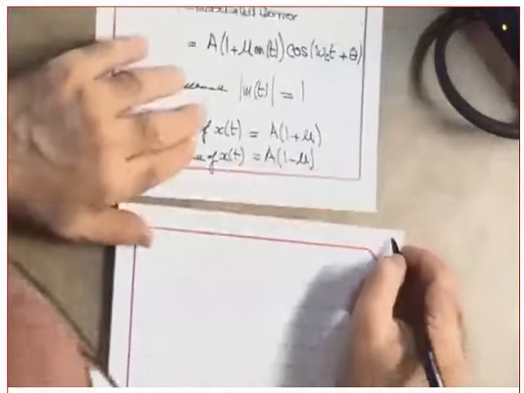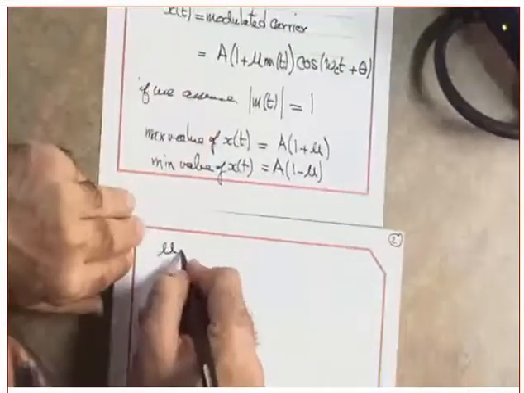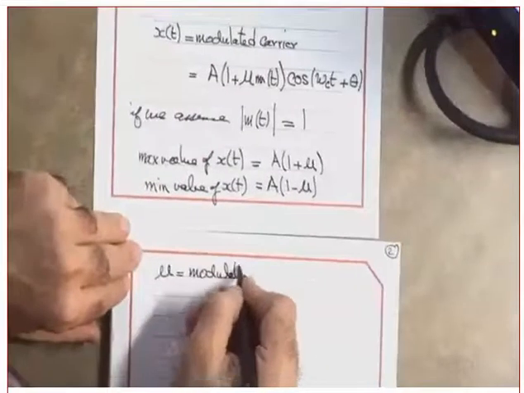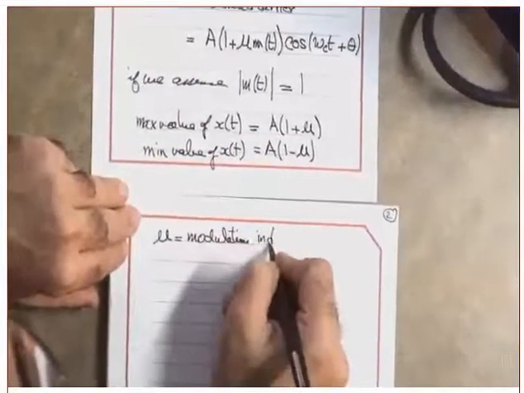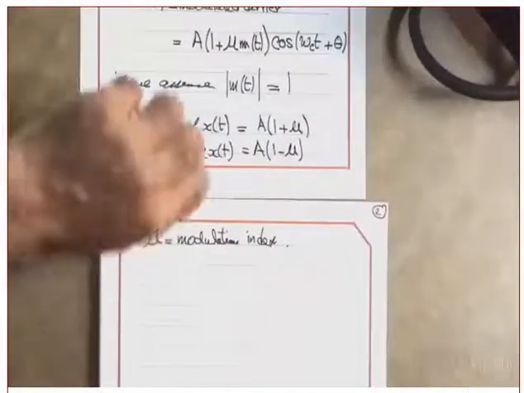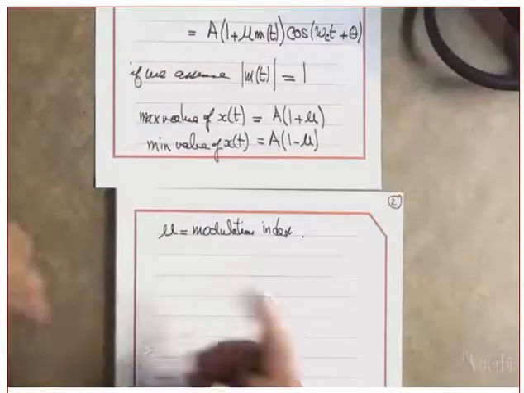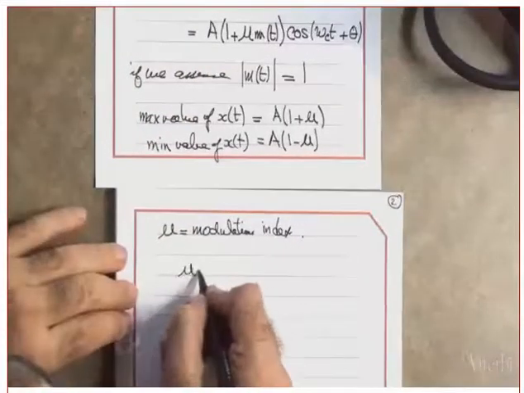Clear? Oh, what is the mu? What do I call the mu? Anybody? The mu is called the modulation index. And what is the modulation index equal to? How would I define it?